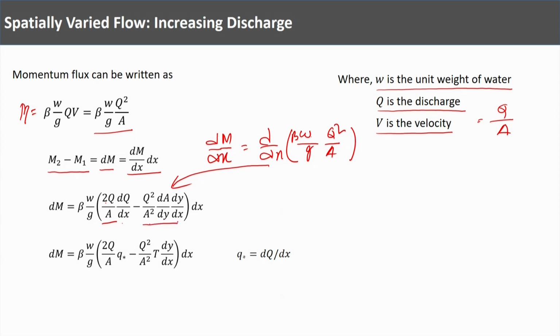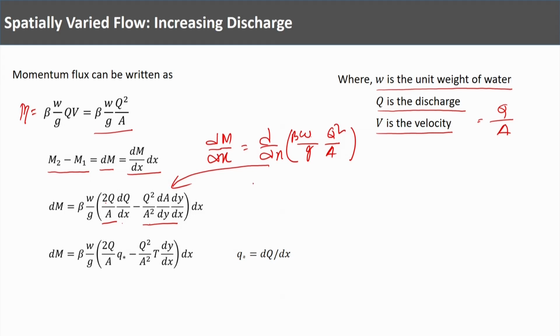So, I can write it. Basically this is Q square by A, so this is dA by dx. I am writing dA by dy and dy by dx because finally I need to calculate dy by dx.